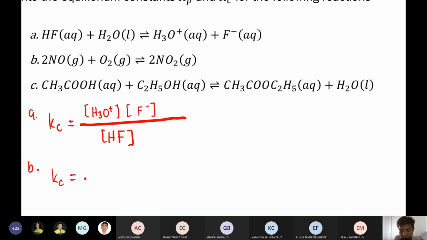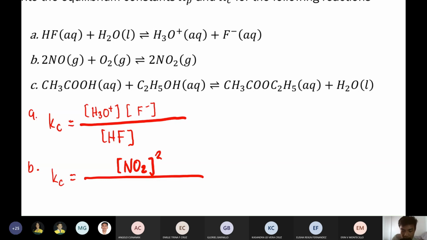So ibig sabihin niyang concentration. Sa numerator, ano kaya yon? That will be NO2, nitrogen dioxide, squared. Bakit squared? Because yung coefficient gagawing exponent. How about the denominator? Yung nasa reactant yung ilalagay natin.